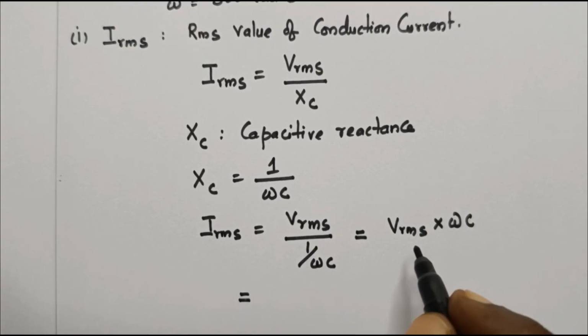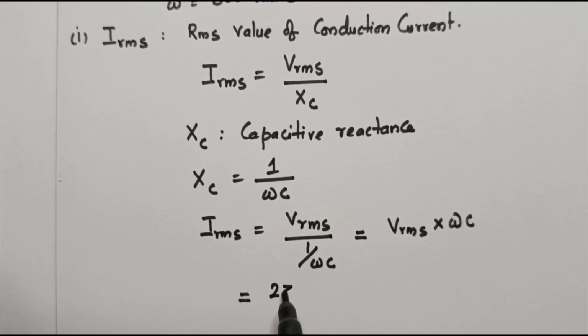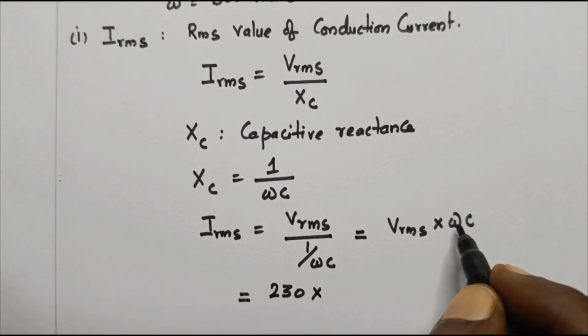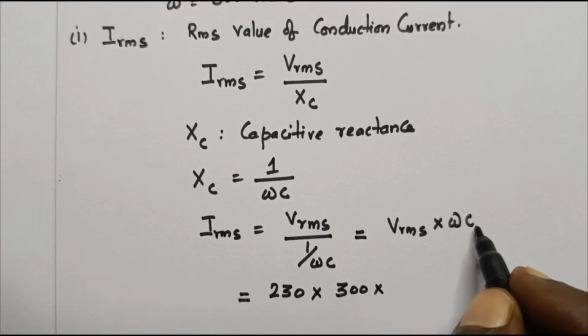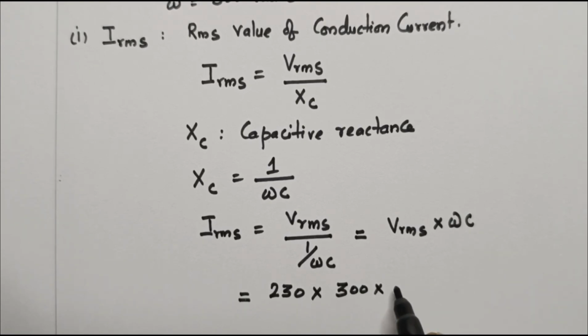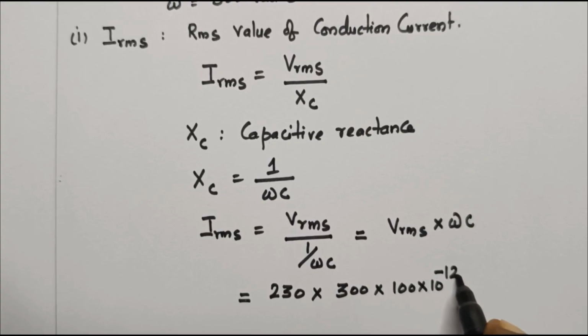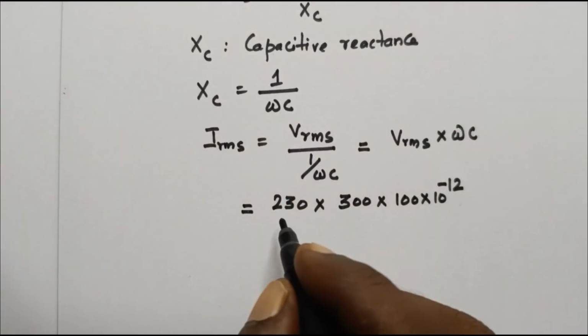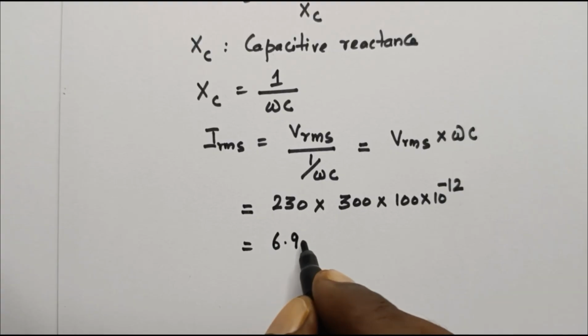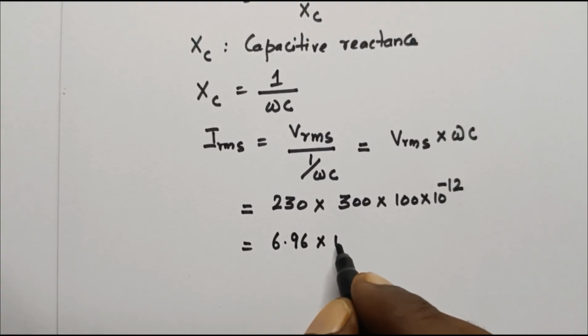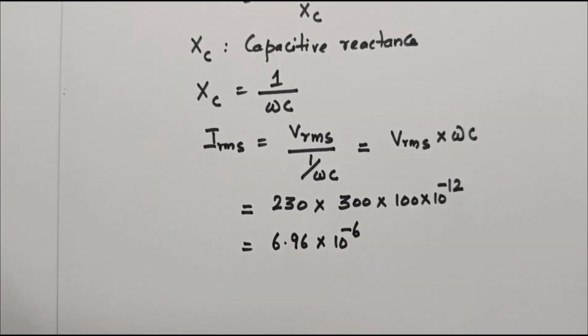This is equal to V RMS is 230. Omega is the angular frequency. It is given as 300. C is the capacitance of the capacitor. It is given as 100 into 10 to the power minus 12 farad. So by simplifying, we will get this is equal to 6.96 into 10 to the power minus 6.